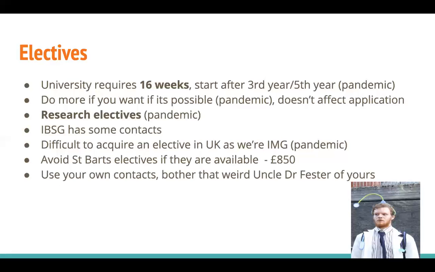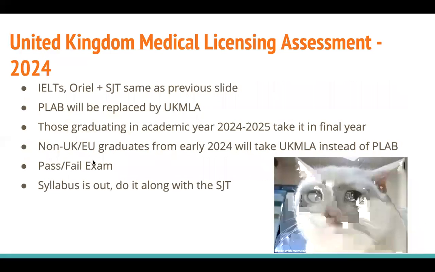Next slide, please. Okay, so the UK MLA, United Kingdom Medical Licensing Assessments, this is all going to be happening in 2024. You still have to go through the process of IELTS, Oriel, SJT, same as that whole timeline slide. And it's basically going to be like PLAB, but everyone has to take it.